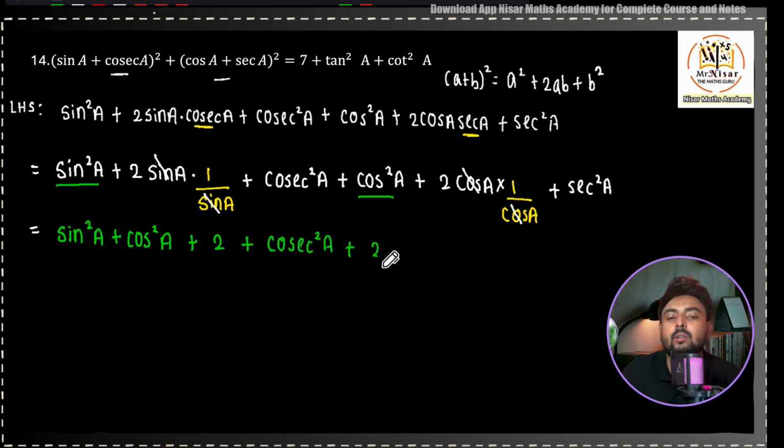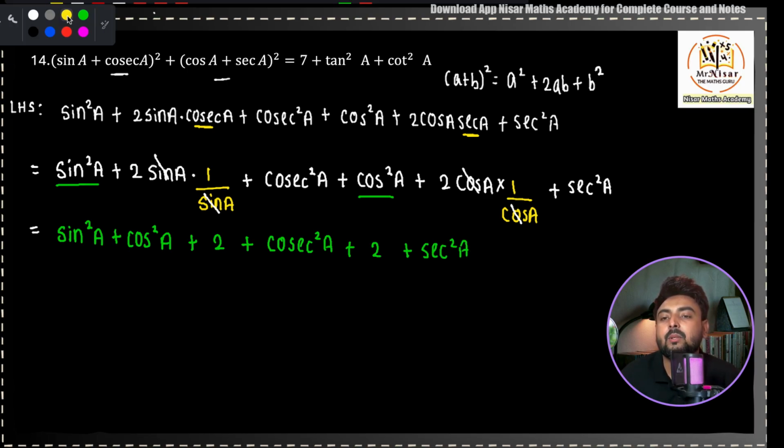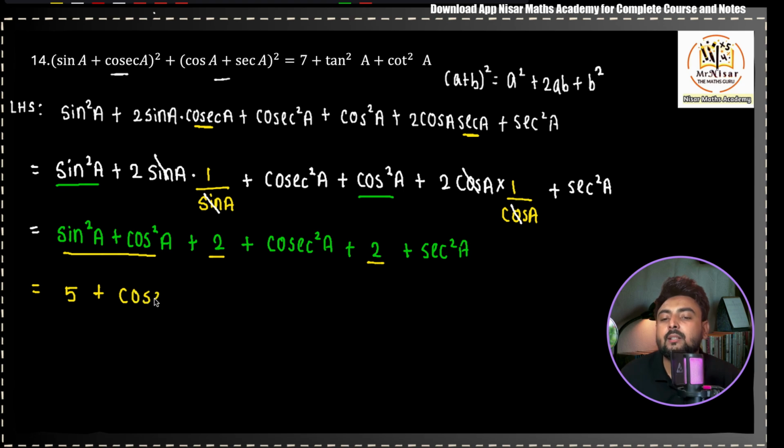Here 2 we got, plus sec square A. Now I can see in this step, sine square A plus cos square A is 1. This 2 and this 2. So total how much it becomes? This is total 5. And what is left with us now? Cosec square A plus sec square A. This is left with us.